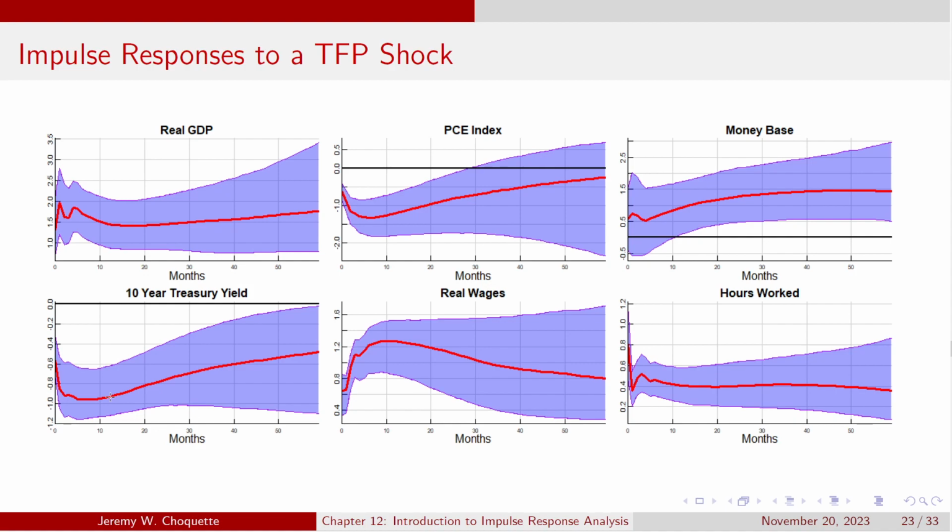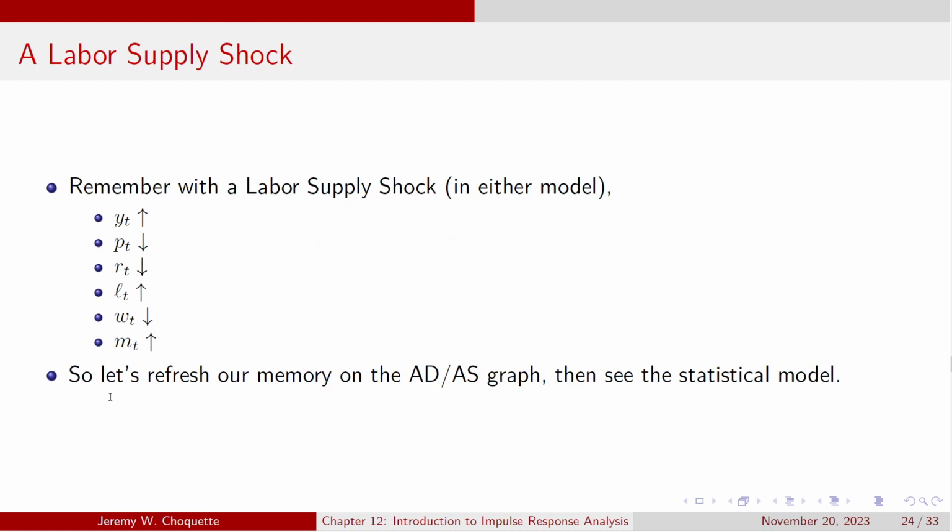And it also confirms it for the new Keynesian model. So overall, I'd say things are pretty good here. We can at least check one off for both models on the total factor productivity shock.